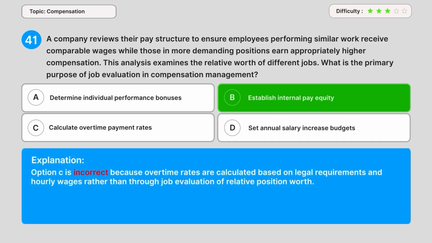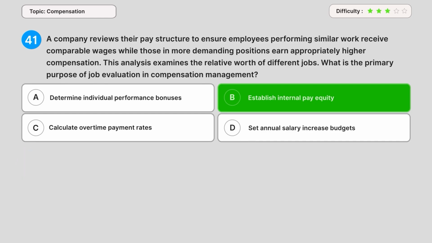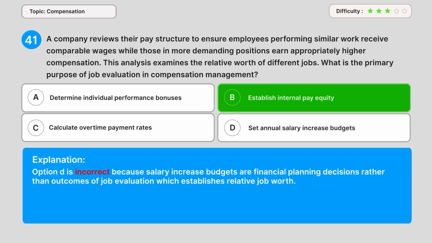Option C is incorrect because overtime rates are calculated based on legal requirements and hourly wages rather than through job evaluation of relative position worth. Option D is incorrect because salary increase budgets are financial planning decisions rather than outcomes of job evaluation, which establishes relative job worth.